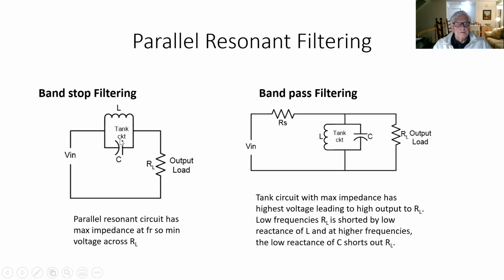Here's our tank circuit, and we get resonance here. Again, the output is across the resistor for bandpass filtering, where we add an RS value as well. At low frequency, RL is shorted by the low reactance of L, and at higher frequencies, the low reactance of C shorts out RL. So there you go.